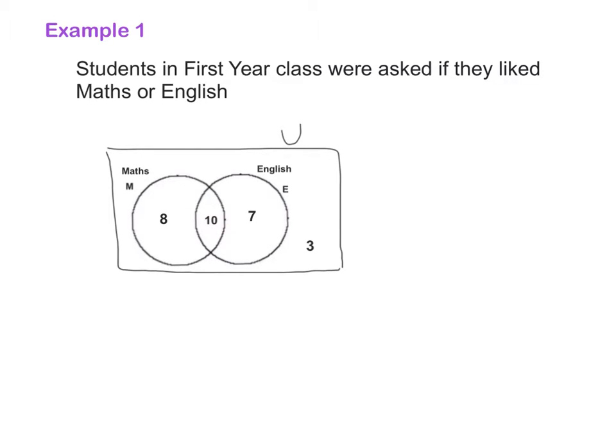What does it mean? 10 is in M circle, stands for maths, and 10 is in E circle, stands for English. That means 10 people like English and 10 people like maths as well. So let's write it down. A intersection B equals 10.